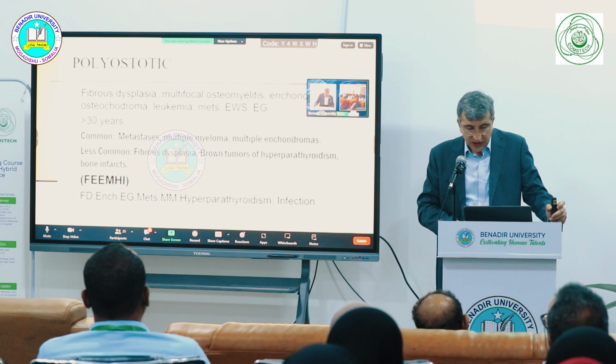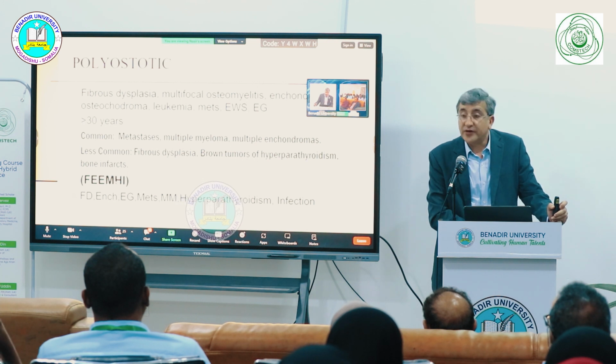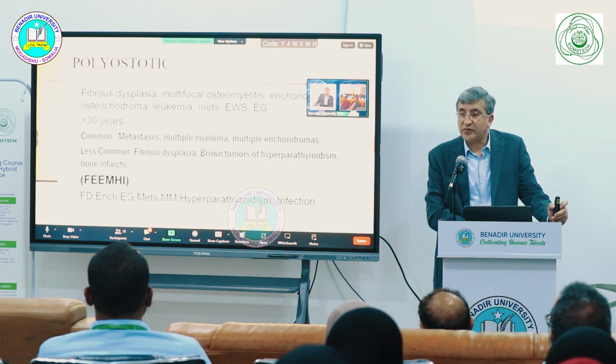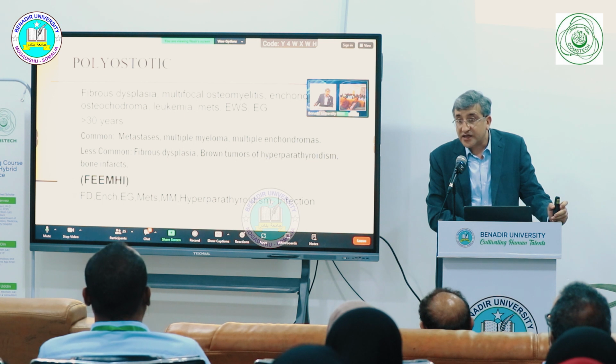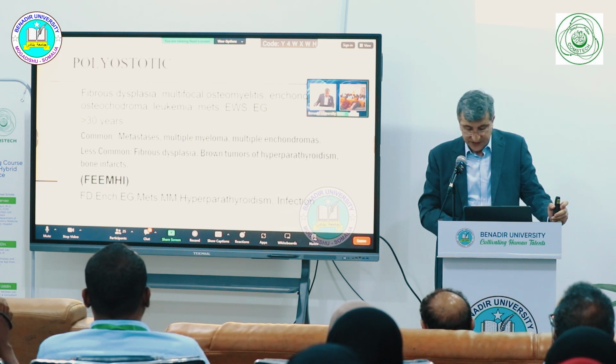For polyostotic or multiple lesions, the mnemonic to remember is FEMHI: fibrous dysplasia, enchondroma, eosinophilic granuloma, which is the old name for Langerhans cell histiocytosis, metastasis, multiple myeloma, hyperparathyroidism, and infection.